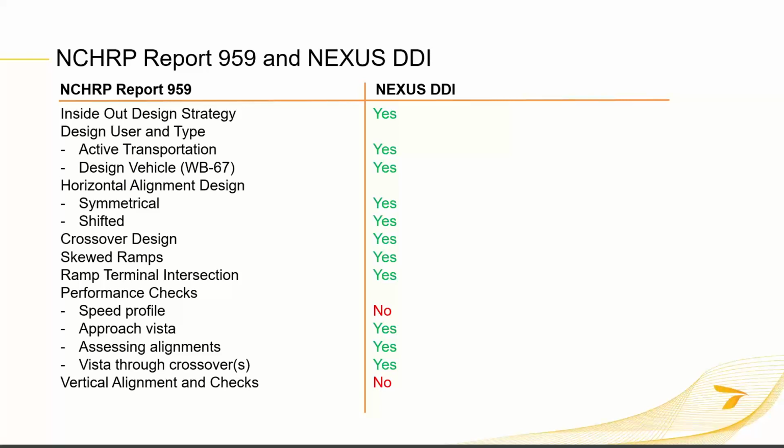Right now, it does not have a speed profile, and it does not have vertical alignment checks. They are coming. We're working on that. So these are the different aspects of a DDI design that are adopted within NEXUS DDI.